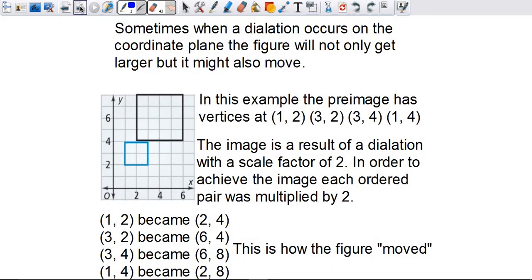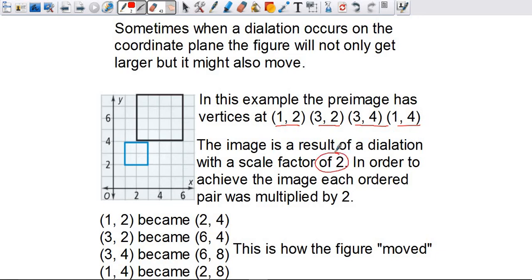Sometimes when a dilation occurs on a coordinate plane, the figure will not only get larger, but it could also move. And here's how that works. In the example, our 4 points are these right here, of the original pre-image. They want a scale factor of 2 for our dilation.